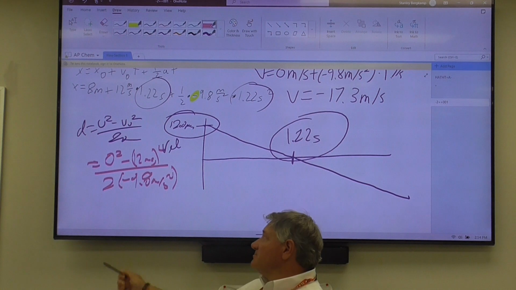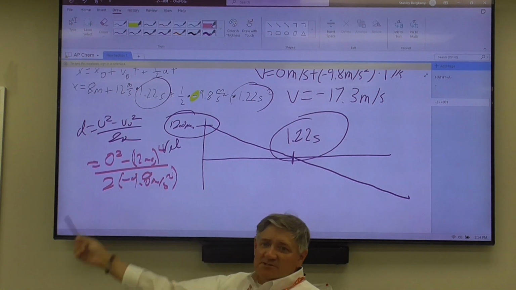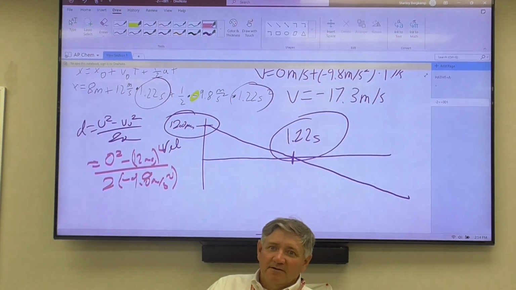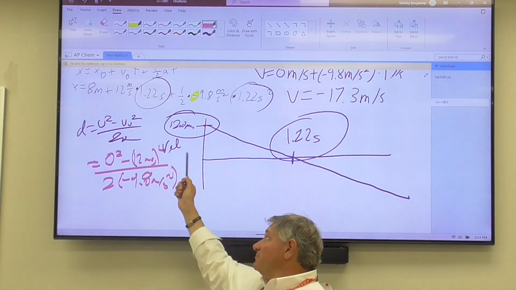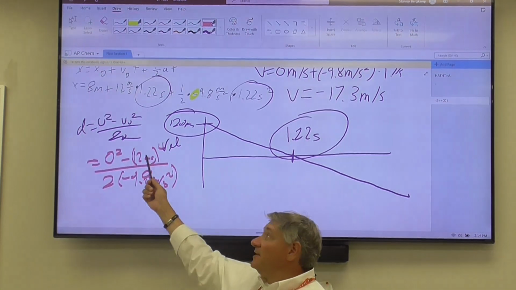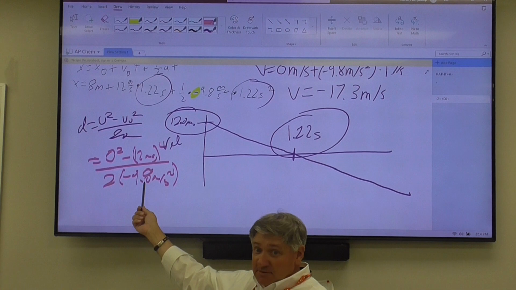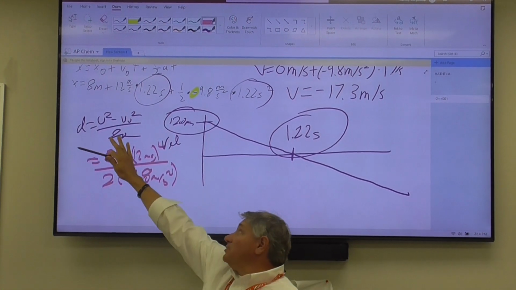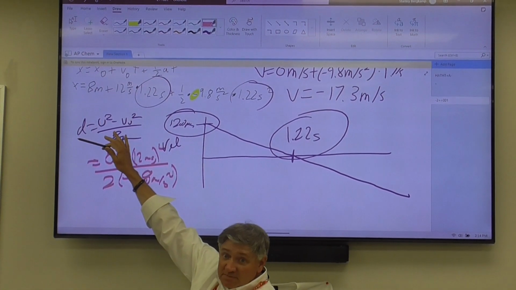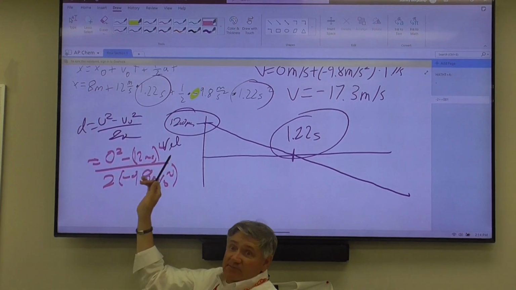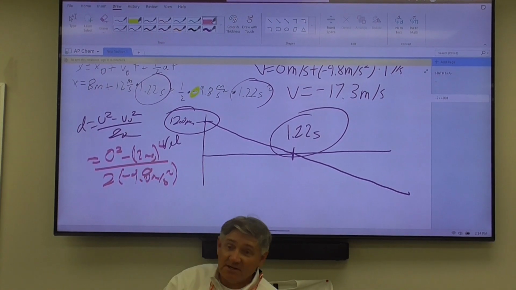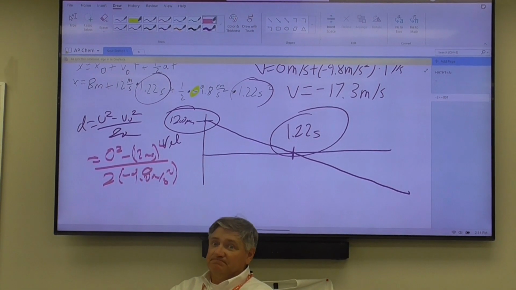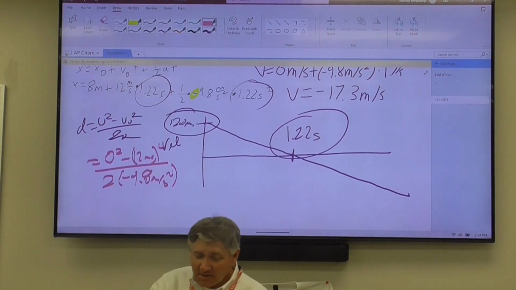Well, technically, yes, because you can't randomly chuck a negative sign out there. It's 0 minus, that's what makes the top negative, and that's what dividing it by a negative number does. Because if you just put 12 squared divided by a negative number, mathematically, you're going to generate a negative displacement. Okay? All right.